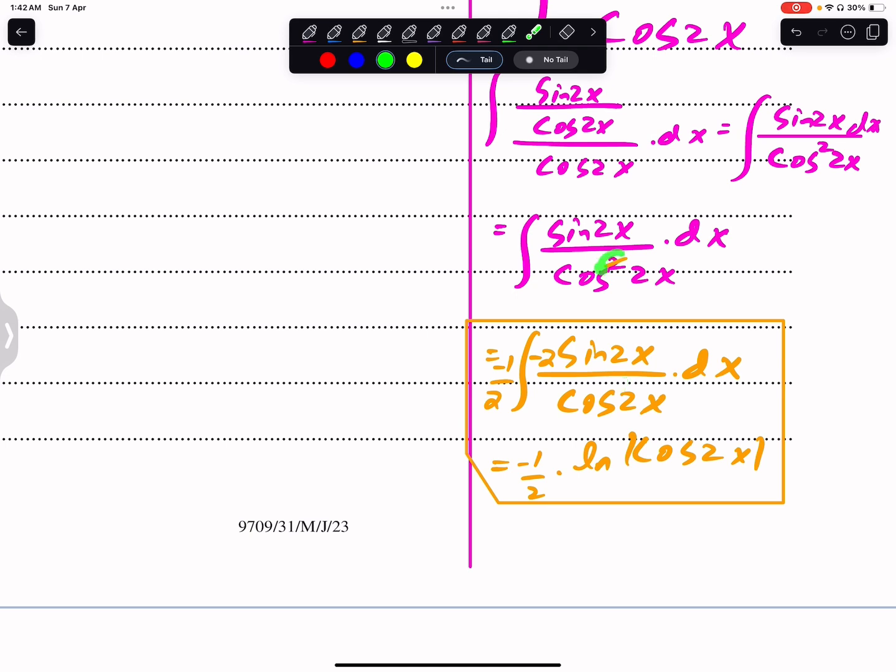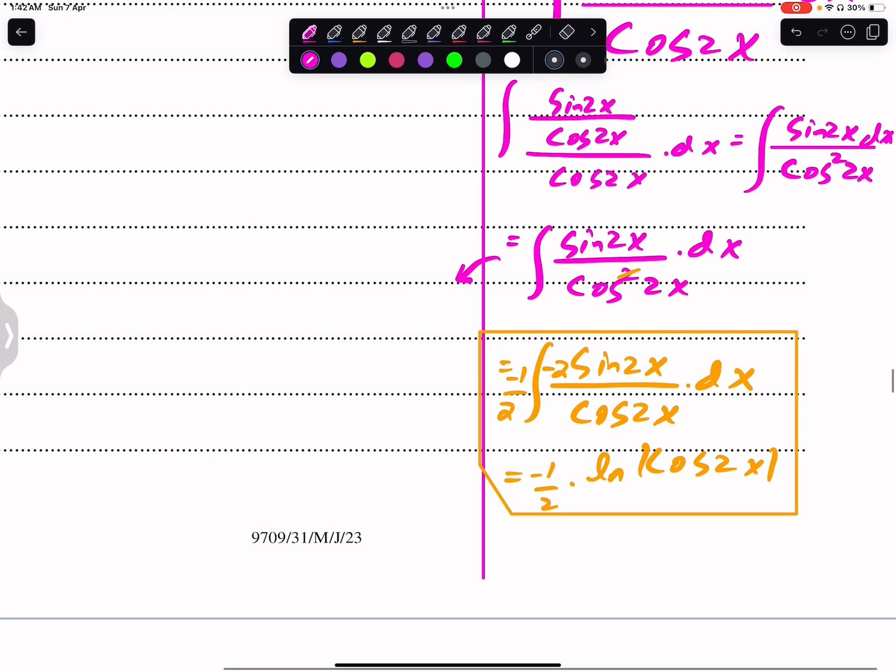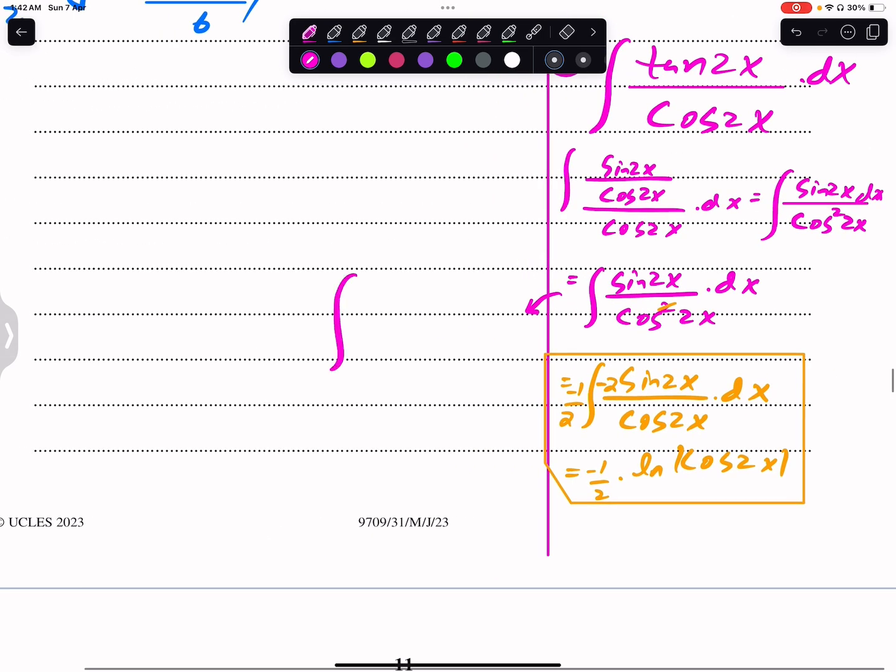We have power 2. So student, you will apply this thing again, but you will not apply natural log this time. Let me tell you again, write sine 2x divided by cos of 2x whole square and then dx.